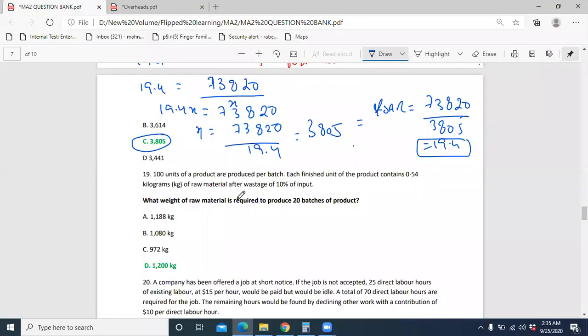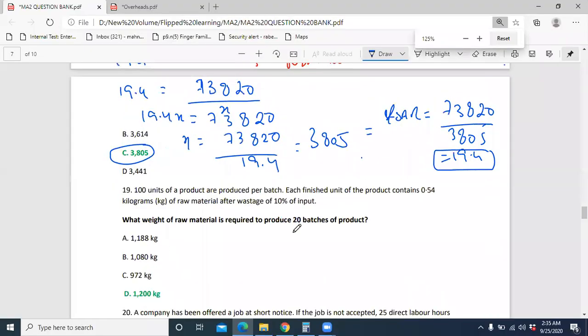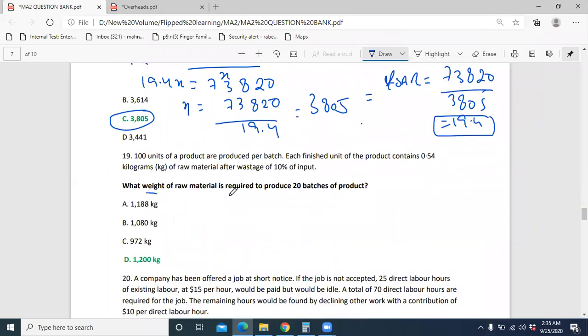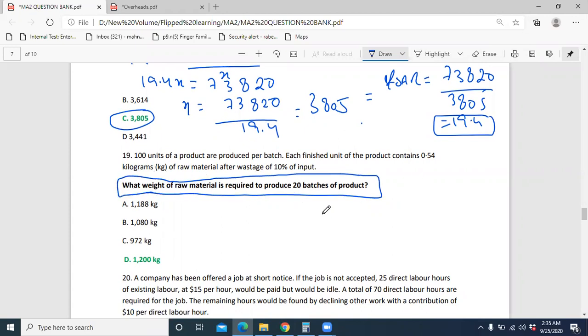Here's this question, though it doesn't relate to it, but let's discuss it. What weight of raw material is required to produce 20 batches of product? When required to produce, it is basically the input quantity. That is your budgeted input quantity.